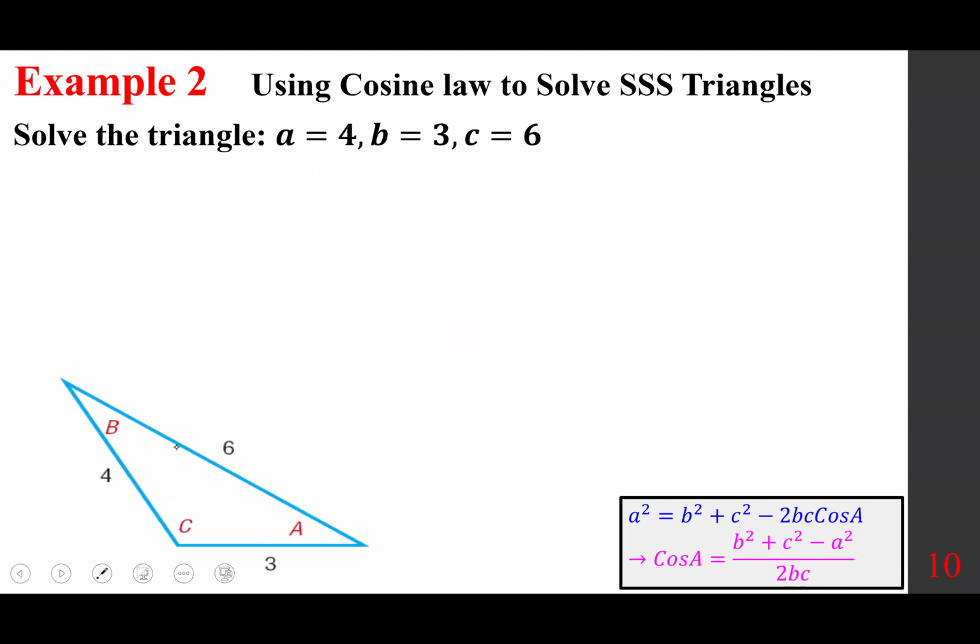All right, let's move on to the next example, everybody. A is 4, B is 3, C is 6. We have all sides. Let me just remind you.